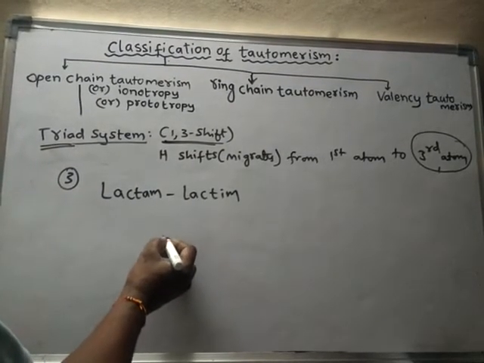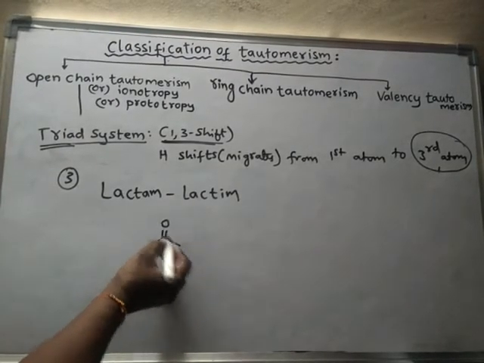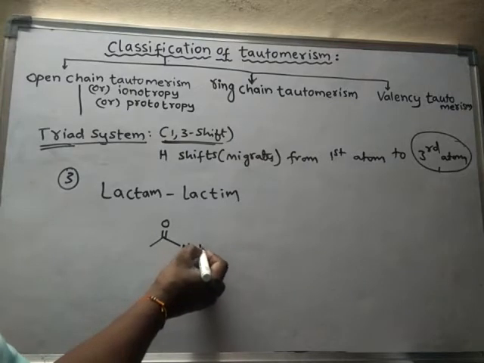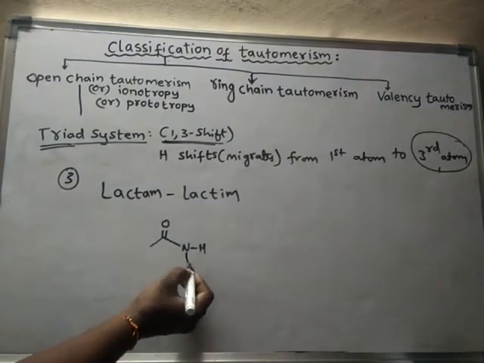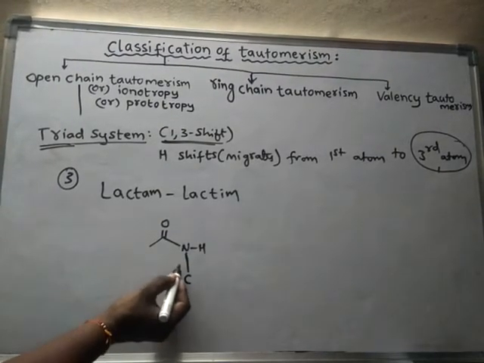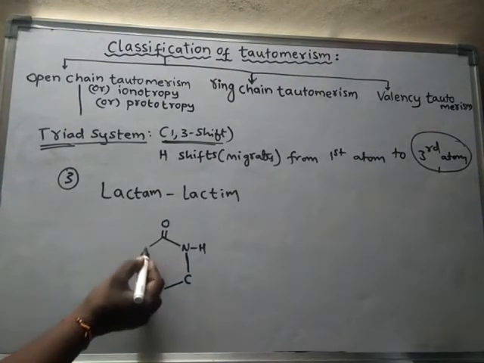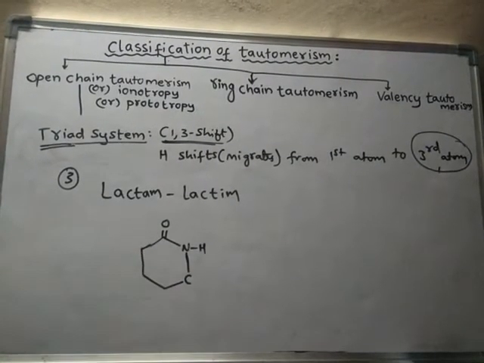For example, amide means CONH2. See, actually there should be two hydrogens, but one hydrogen is replaced by carbon because it is forming a ring-like structure. So this is said to be lactam.